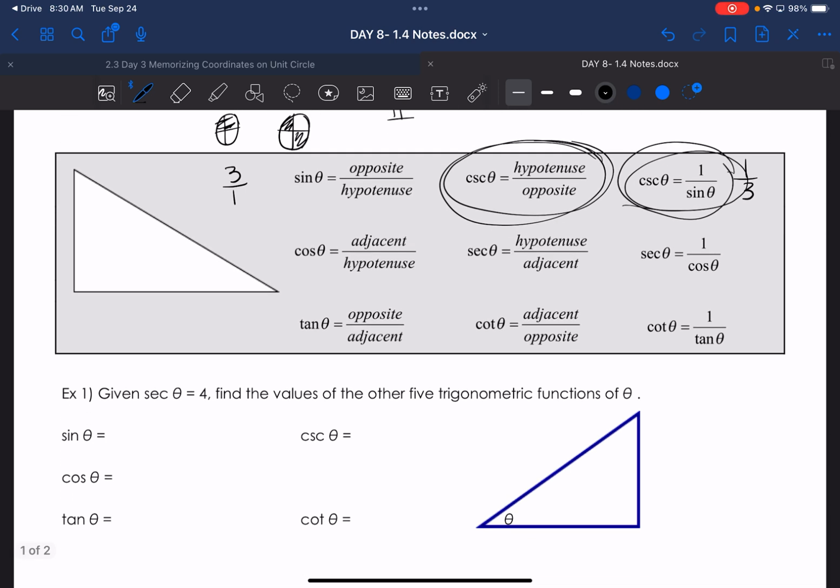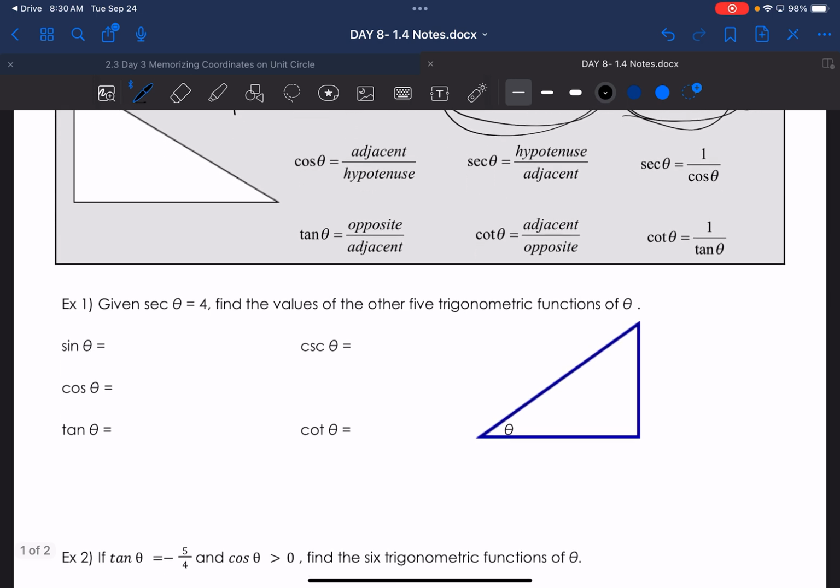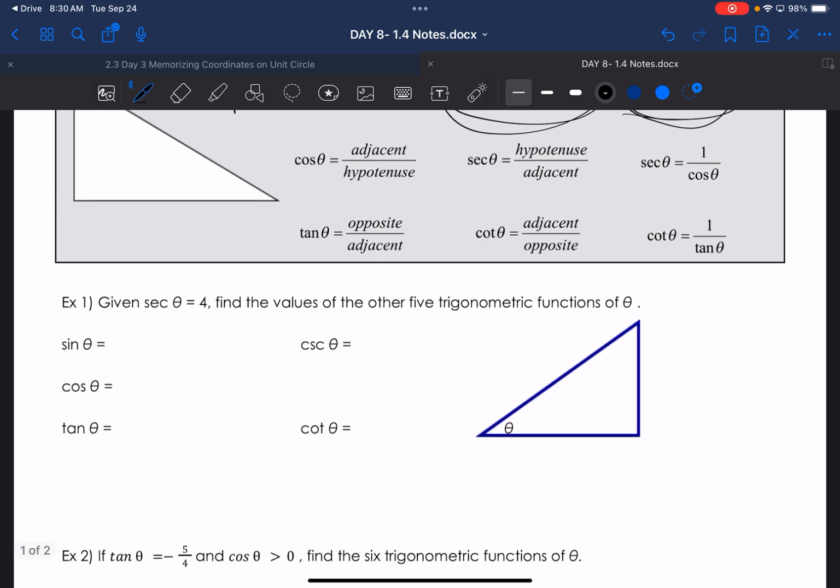All right, so keeping that information in mind, it says, given that secant of theta is equal to 4, find the values of the other 5 trigonometric functions. Okay, so secant, again, this could always be written over 1, right? Secant is the reciprocal of which one? Cosine, okay. So that means that which side is 4?